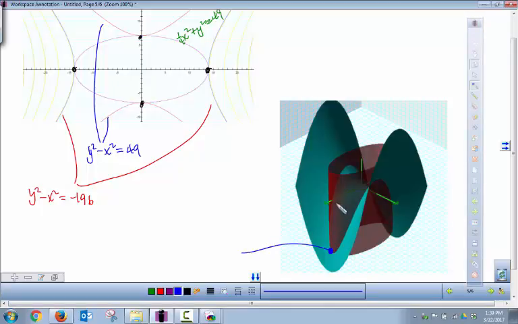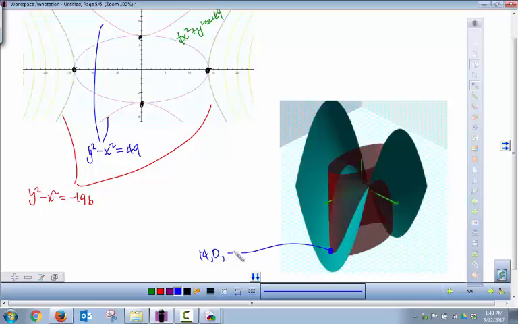So this is x, y. So this is your x-axis. This is your y-axis. So this must be x is equal to 7. 0, 7, 14. 14 is the x, right? 14, 0.